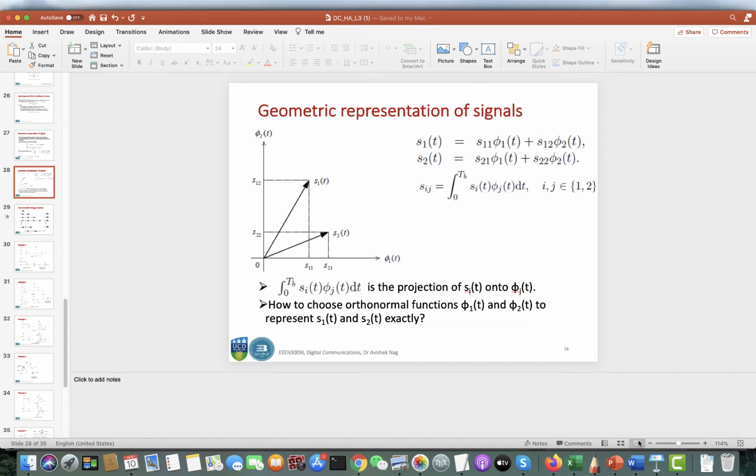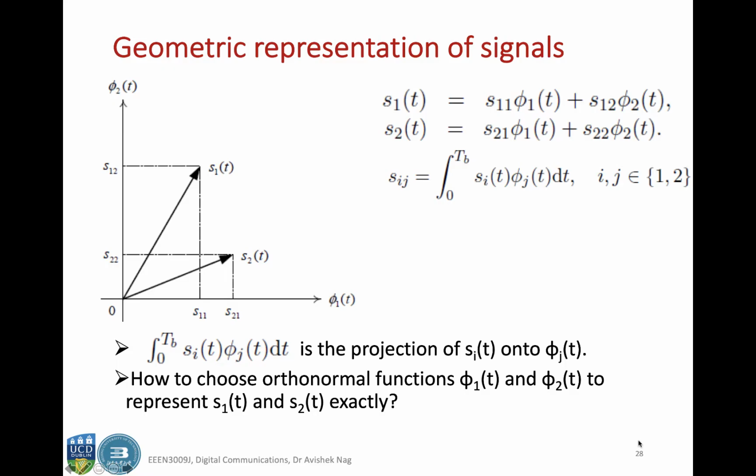Welcome, students. So, we will continue our discussion regarding signal space and geometrical representation of signals. In the last video lecture, we stopped at this point. We discussed how, given any signal in the time domain, we can represent it as a vector in the signal space.